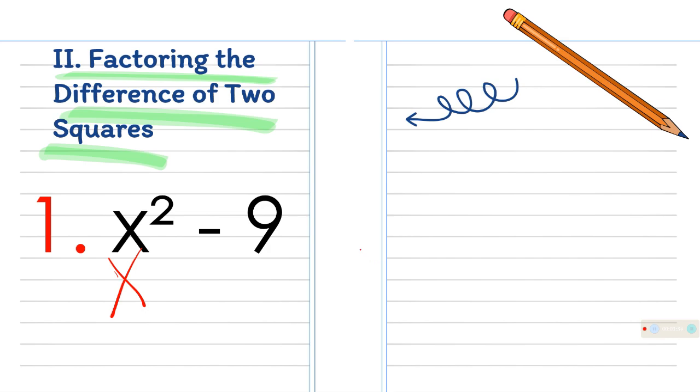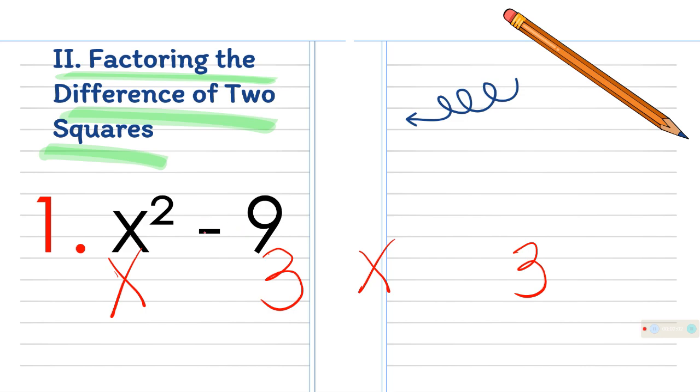And then we also have another x, so that x times x is x squared. And then, you have to get the square root of the second term. The square root of 9 is 3. So that's why you have here 3 and 3. Or to check, 3 times 3 is 9.